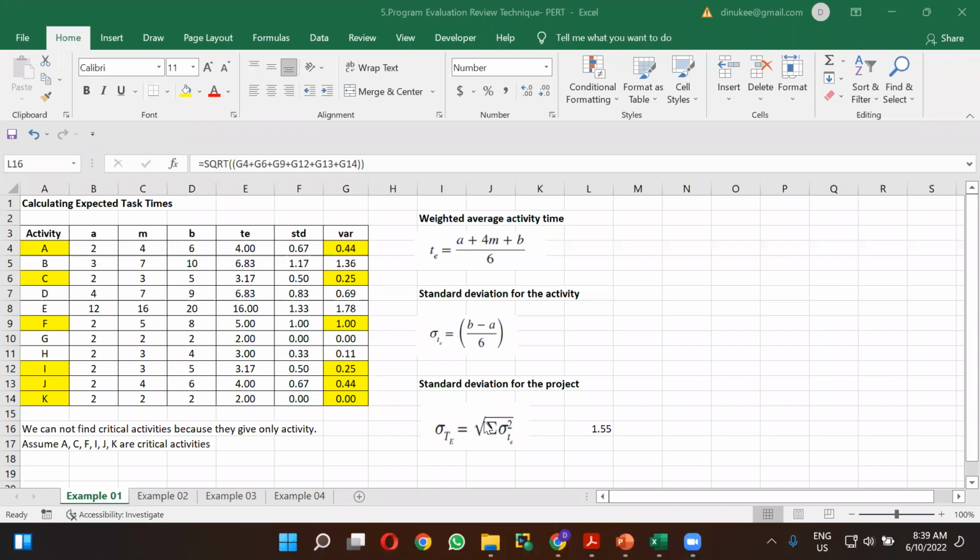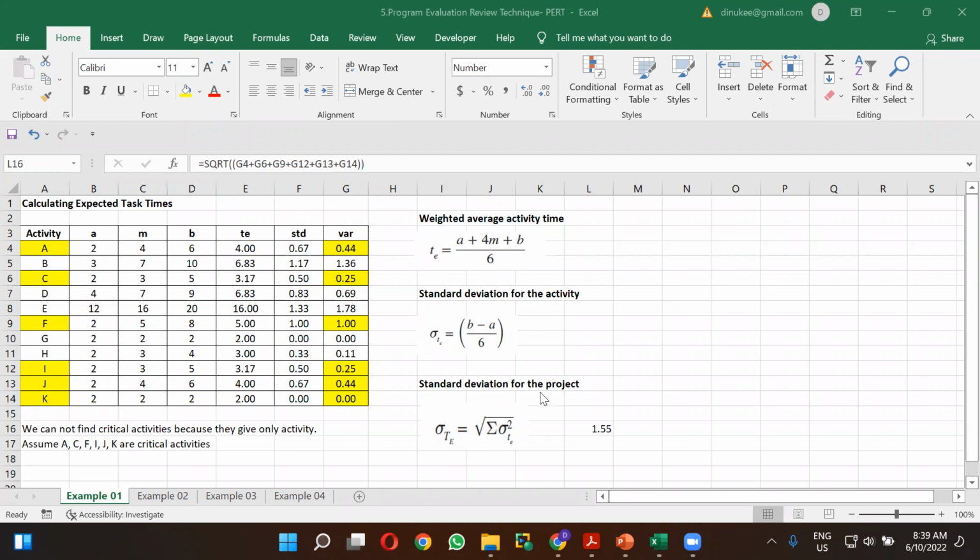I didn't mention this in the PowerPoint, that's why I'm asking you to make a note. Remember that only the critical activity variances are taken.